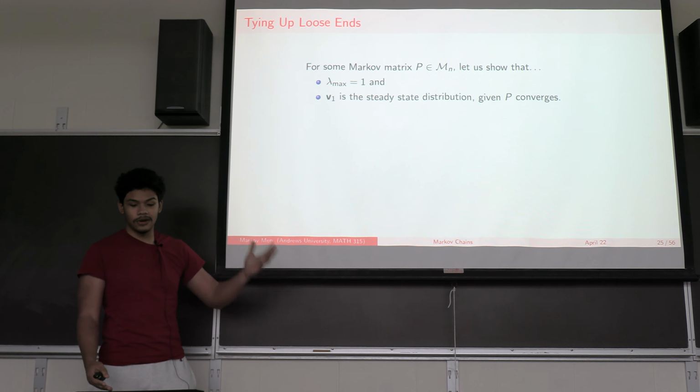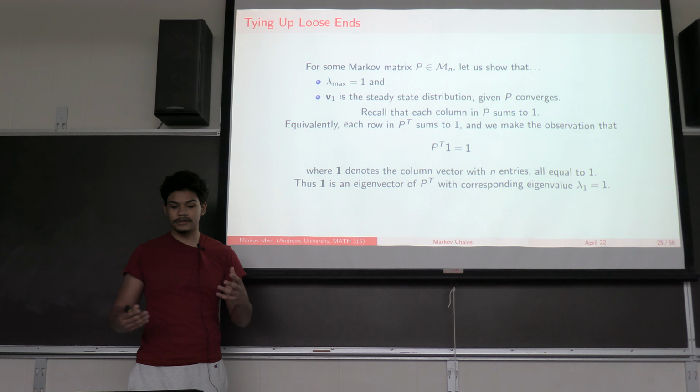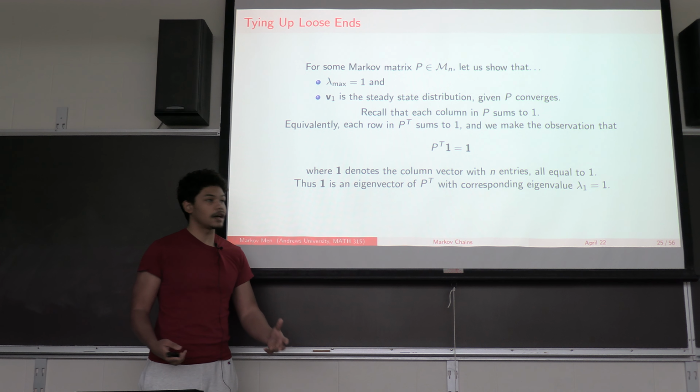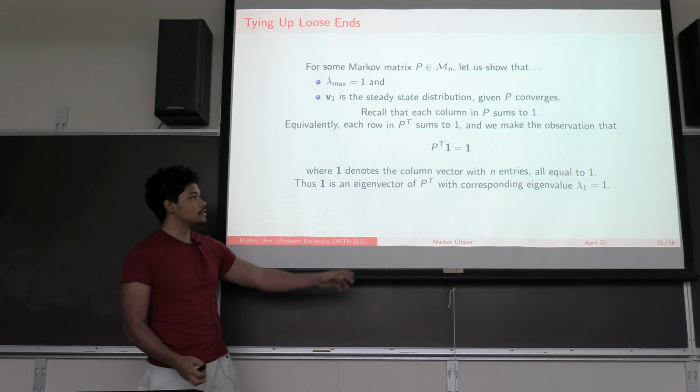So now I want to just recall that every column in P sums to 1. This is very important because if we take the transpose, then every row of the transpose sums to 1. And so we observe that P^T, the transpose of P, times the 1 vector, where each entry is just 1, gives us back the 1 vector.